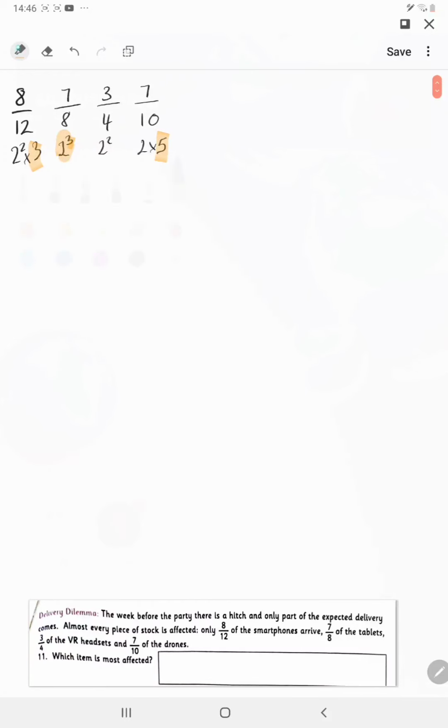So now we can multiply them. So we know 2 cubed is 8, so 8 times 5 is 40, and then times that by the 3 equals 120. So your common denominator will be 120.